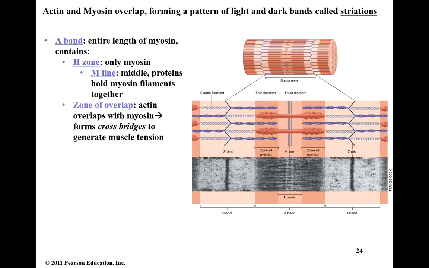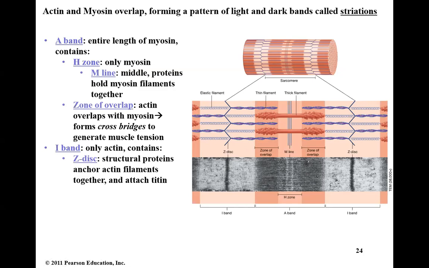Okay? So when we stimulate the muscle, which we're getting to soon here, these little myosin heads are going to bind to actin only if actin is right there, so only in this area of overlap. Next, we have the I band. The I band only contains actin. So where the myosin stops to where the next myosin starts, this here is the I band.